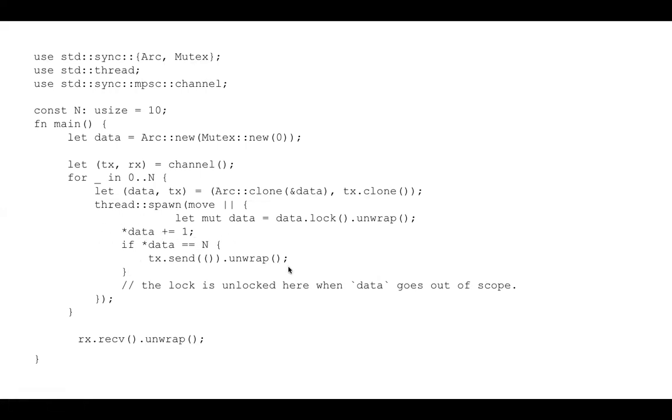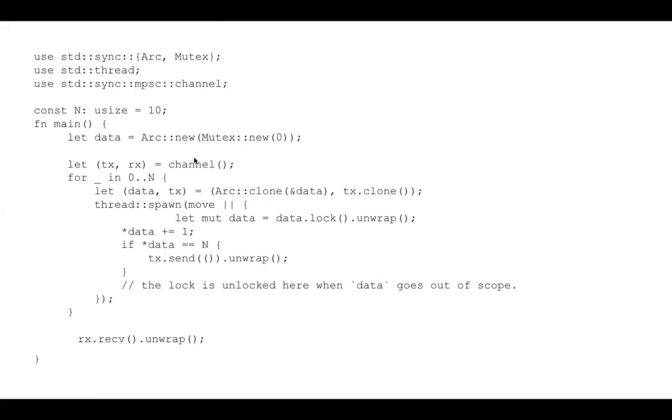And then you send and unwrap. So you're going to wait until it becomes 10, and once it is 10, it's going to send and unwrap. And the lock is unlocked here when the data goes out of scope. This was a simple example of how you can use channels along with thread, mutex and atomic reference.